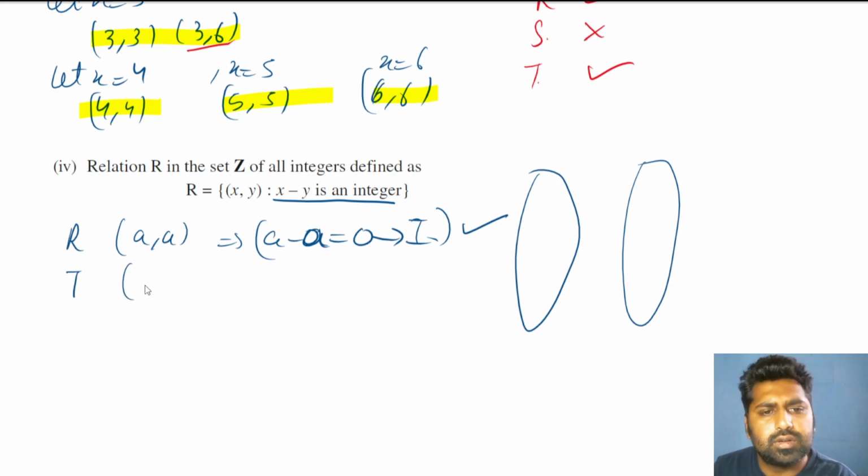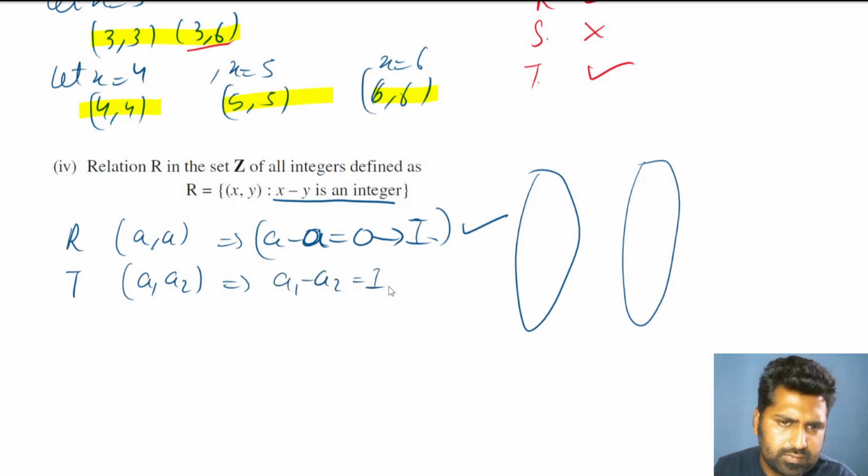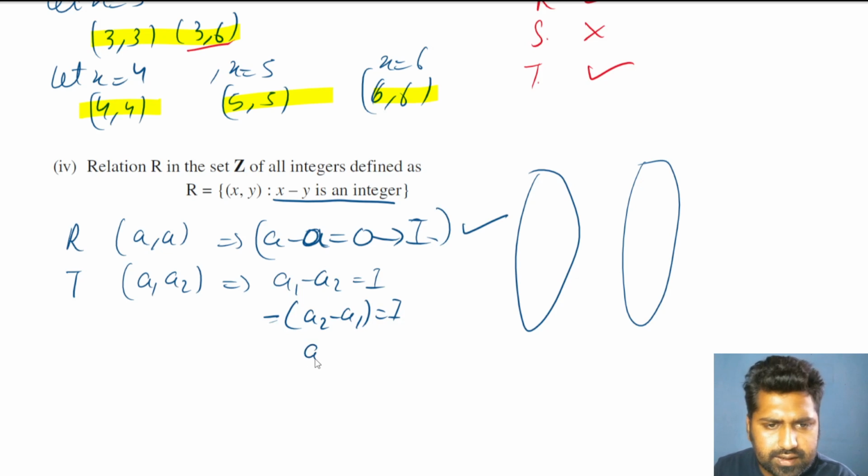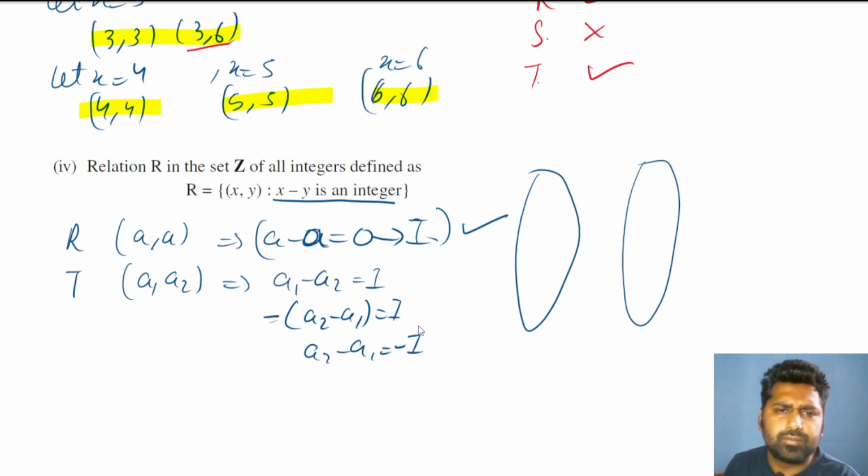Symmetric: a1 comma a2 means a1 minus a2 is an integer. So even if I take the negative out, it is a2 minus a1, the negative of the integer. What is the negative of an integer? I'll give you one example.